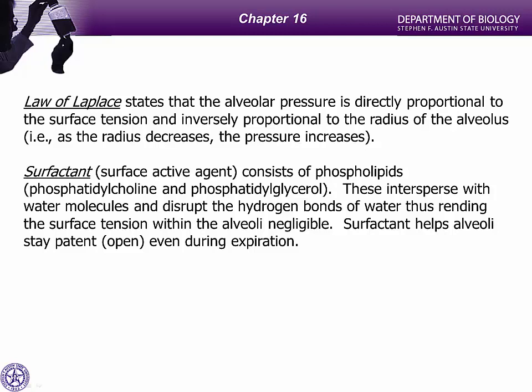It's almost the opposite of having albumin in your plasma coating insoluble molecules to make them soluble. In this case, we're coating water molecules to keep them from interacting with other water molecules. They simply get in the way.